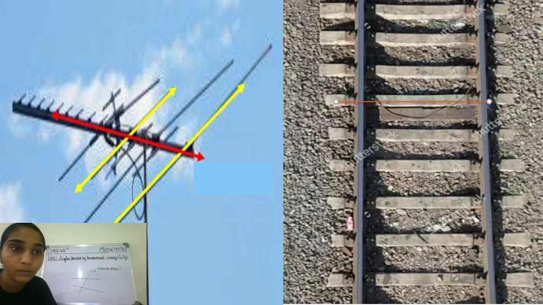I am marking it with brown color. You can see a transversal intersecting these two different lines at distinct points. So have you seen how we can apply the concept of transversal in our daily lives? There are many more things around you where you can find a transversal.